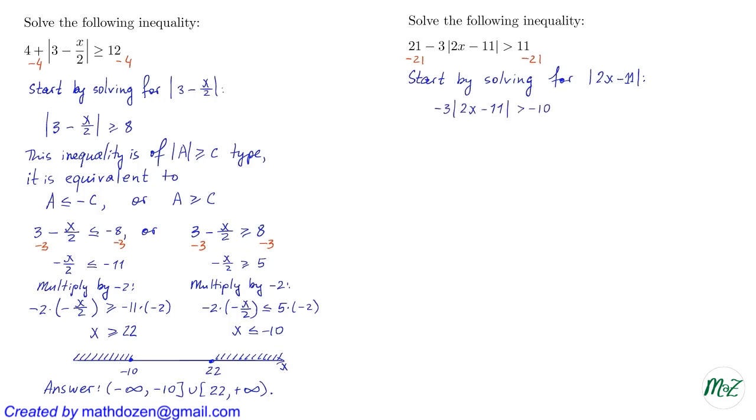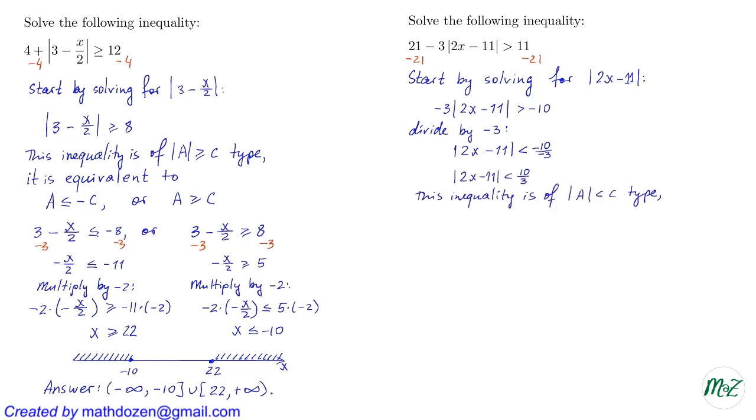If we do that, we have negative 3 times absolute value of 2x minus 11 being greater than negative 10. Now we're going to divide both sides by negative 3. Since it is a negative number, we're going to reverse the inequality sign. So we end up with absolute value of 2x minus 11 being less than 10/3.